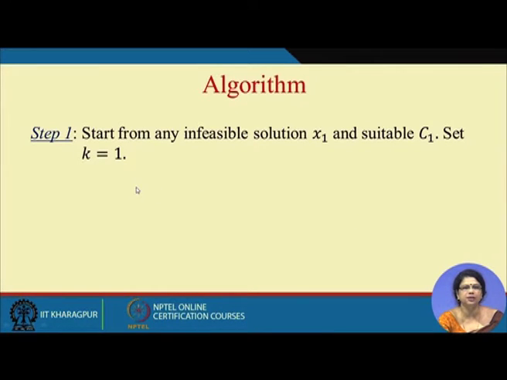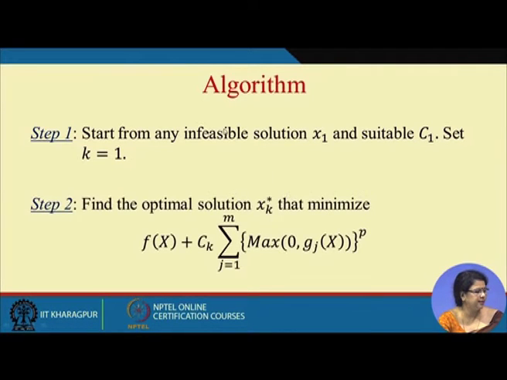For the algorithm, the first step is that we always start from the infeasible region. That is why we will check one point that is in the infeasible space, and from there we will select a suitable c_1, and we will set the index k equal to 1. Then the corresponding unconstrained optimization problem would be f(x) plus c_k times max of 0, g_j(x) to the power p.